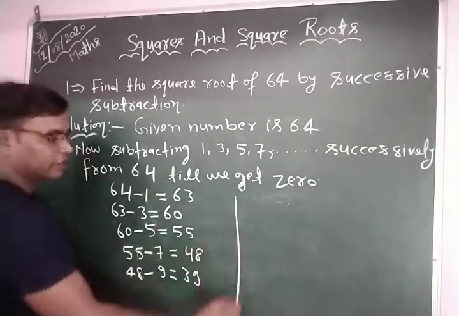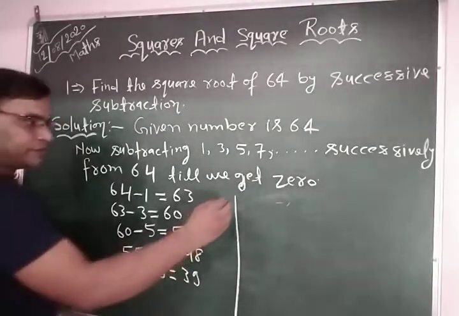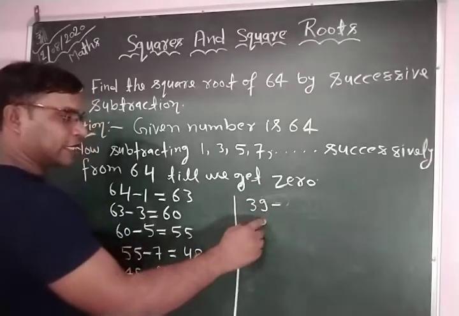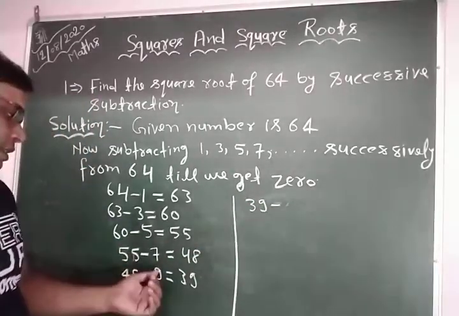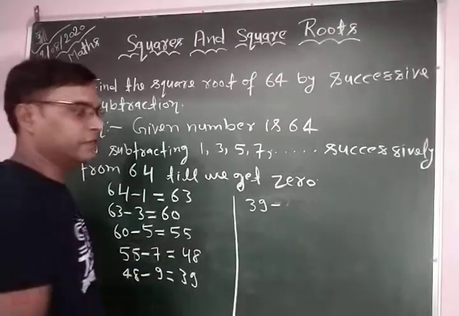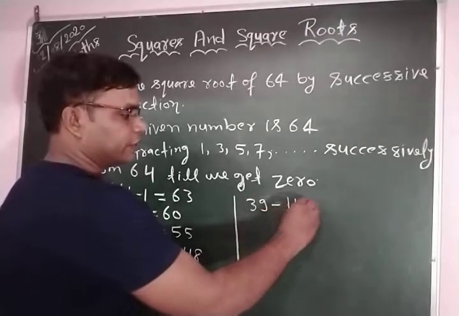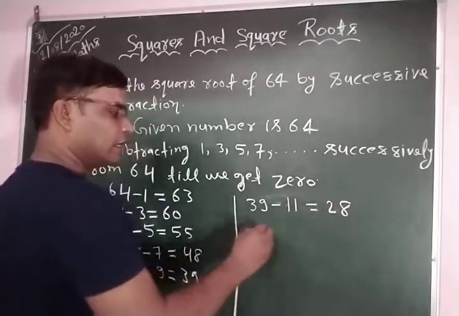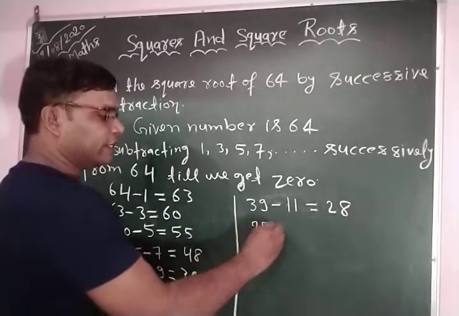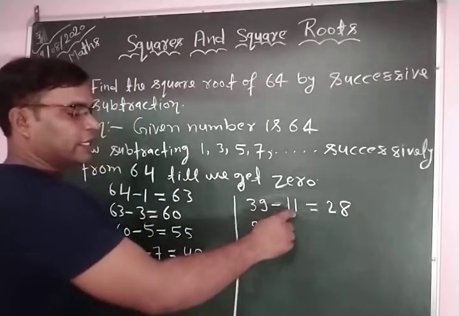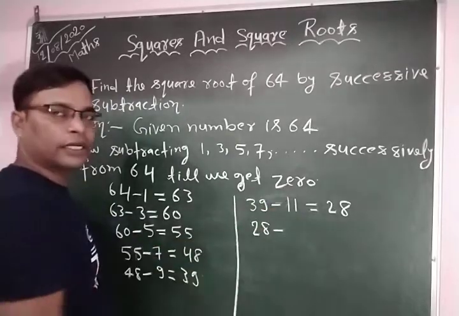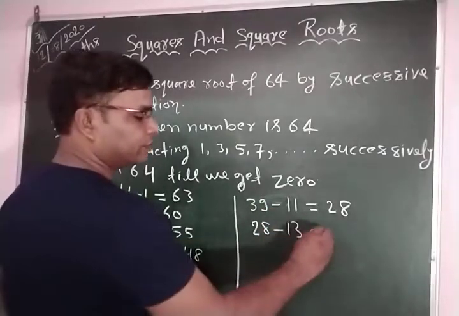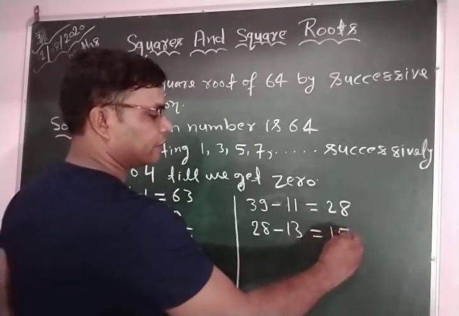Now we subtract from 39 the next odd number, 11, which is equal to 28. Now 28 minus the next odd number, 13, is equal to 15.